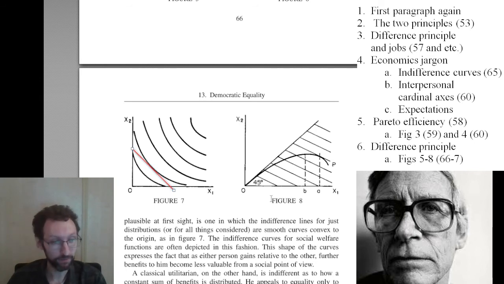So instead of having a 45-degree line where you have 5 and 5, they're both equal, this will be a 10 or something. And this will be a 5 because it's worth 1 to give it to x1, where it's worth 2 times as much to give it to x2. So then what is your indifference curve as a utilitarian?